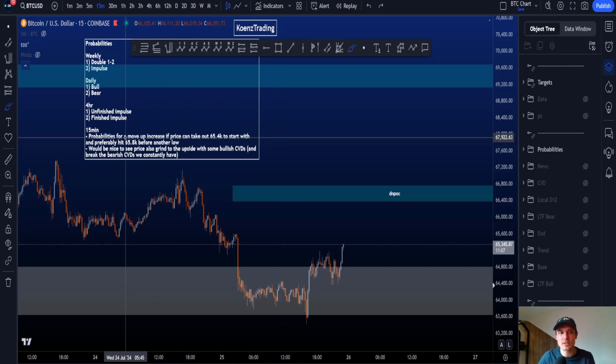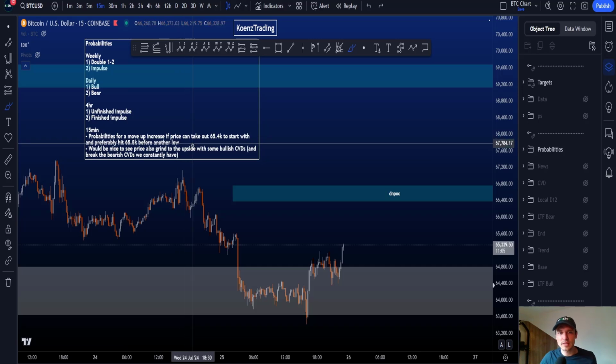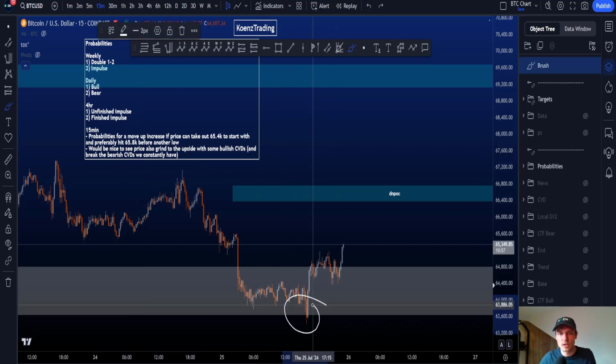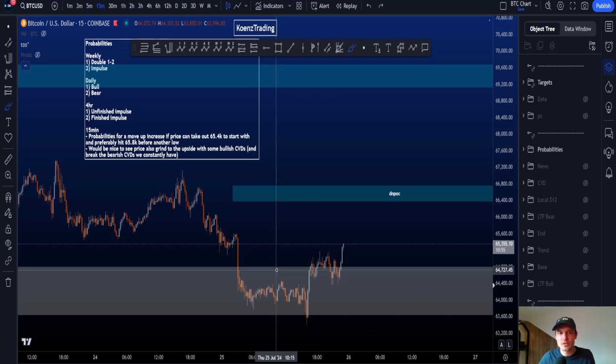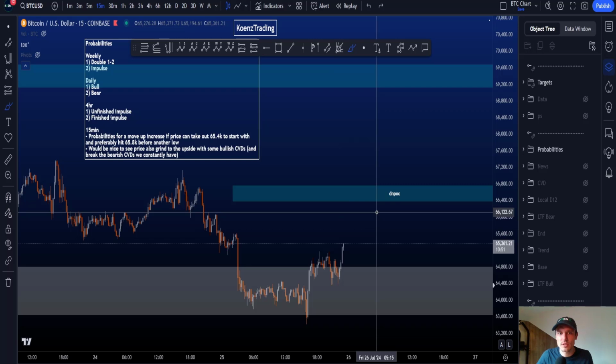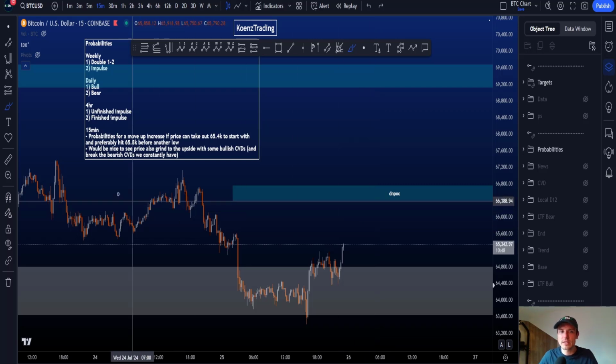And the probabilities for a move up increase if price can take out 65.4k minimum to start with, and preferably also hit 65.8k before making another low over here. And it would be nice to see price also grind to the upside with some bullish CVDs, and therefore also break the trend of having bearish CVDs all the time.